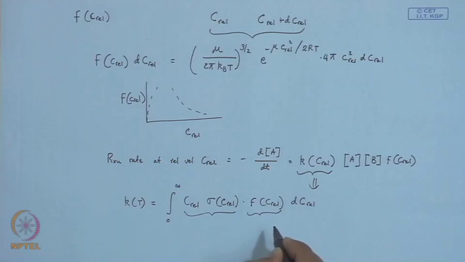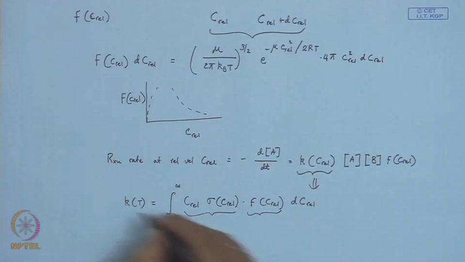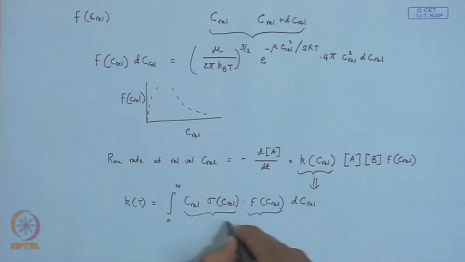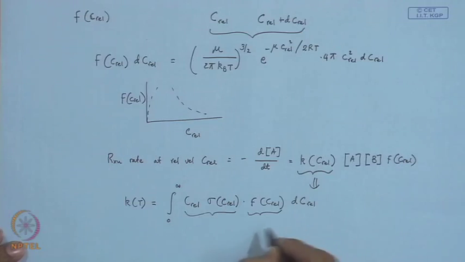So, that will give you the thermal average kT, okay. And of course, the denominator should have a normalization constant, and generally we do not write the normalization constant because it is taken to be normalized to 1. So, that is why we do not write the normalization constant in the denominator.